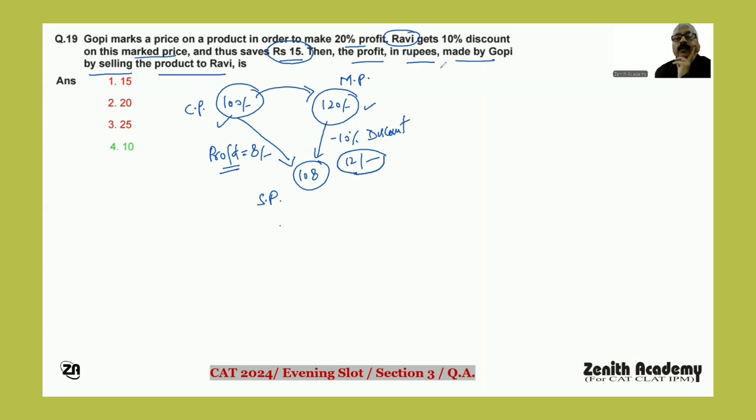And the profit of Gopi is 8. So in real scenario, if the profit of Gopi is X rupees and Ravi got 50 rupees discount, the ratio of both should be the same. 8 by 12 equals X by 50, so X is 33.33 rupees.